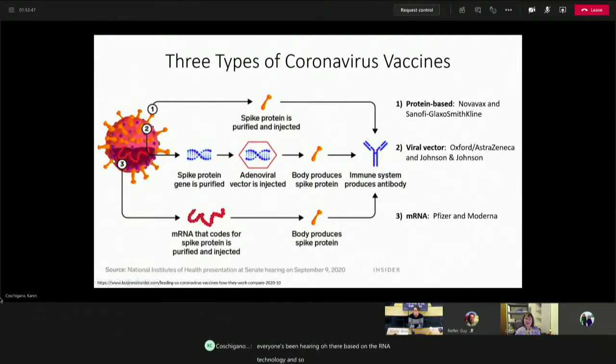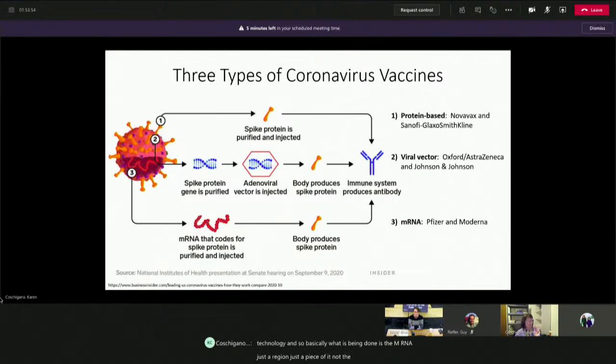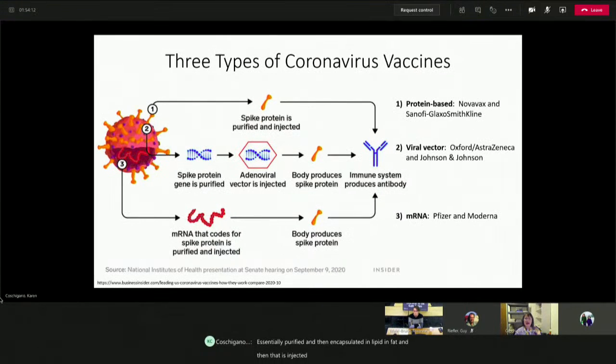So basically what is being done is the mRNA, just a region, just a piece of it, not the whole viral RNA, just a little part of the gene that encodes the spike protein, is essentially purified and then encapsulated in lipid, in fat, and then that is injected. Because of that fat layer, it can meld in with the cell membrane, which is also made of lipid, and release the RNA into our cells.